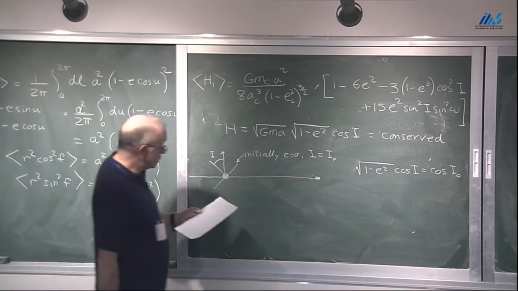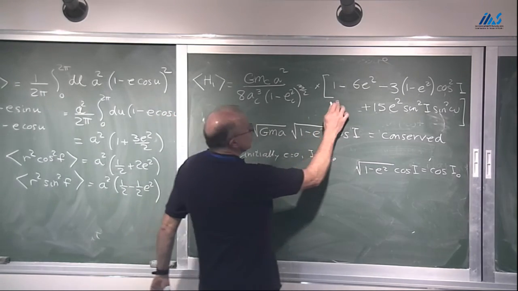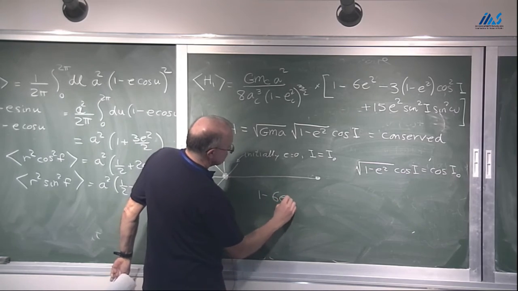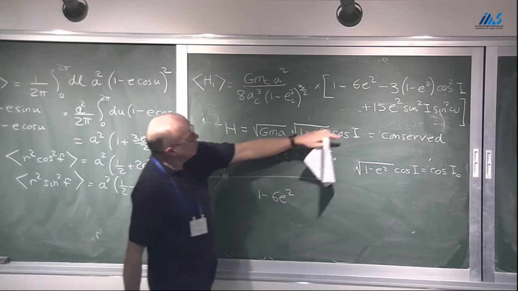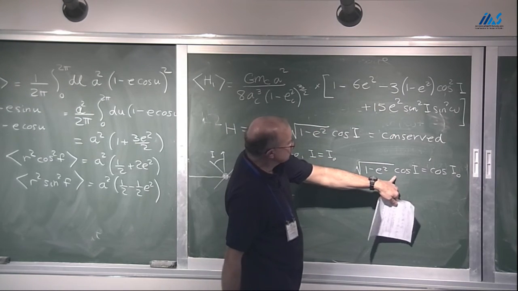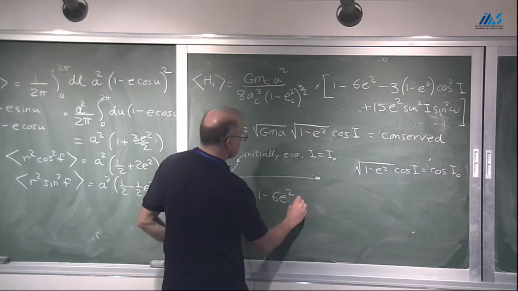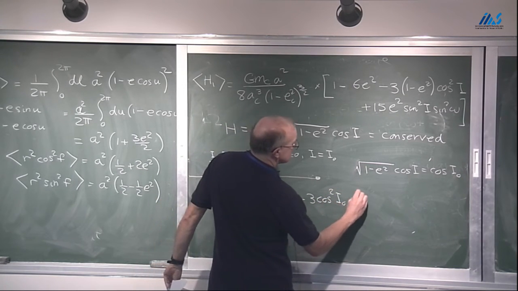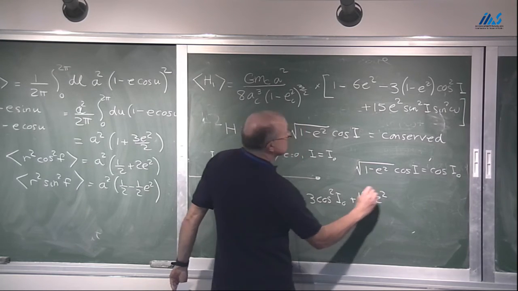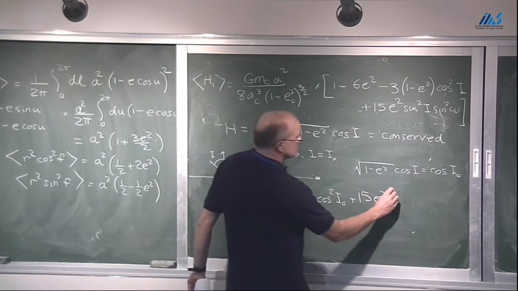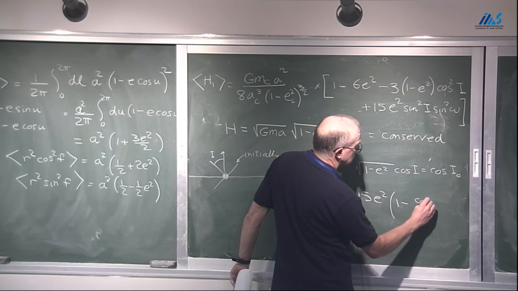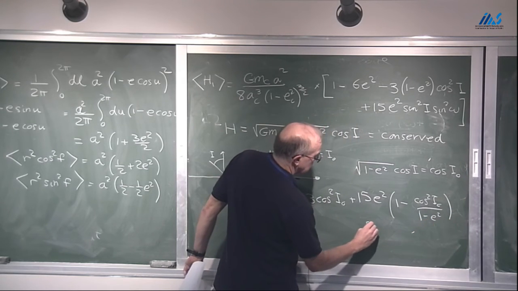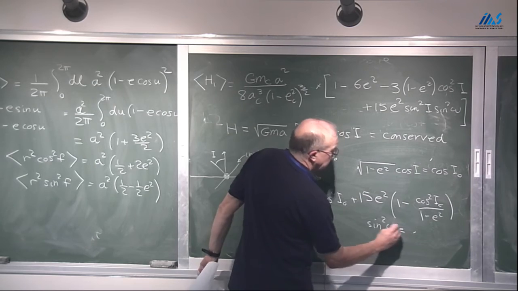And so that says that the quantity in square brackets, which is 1 minus 6e squared, minus 3 cos squared I, here cos squared I0 over 1 minus e squared, plus 15 e squared, then sine squared I is 1 minus cos squared I, so it's 1 minus cos squared I0 over 1 minus e squared, times sine squared omega, has to be a constant.